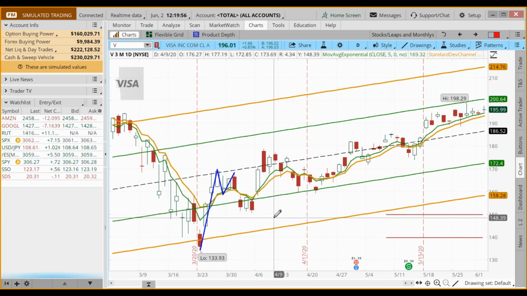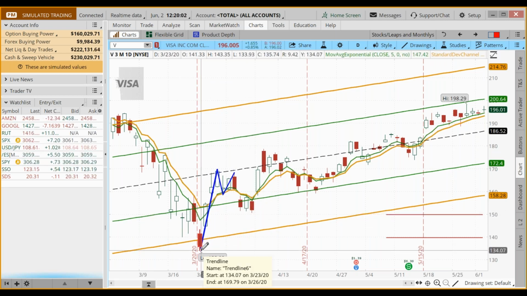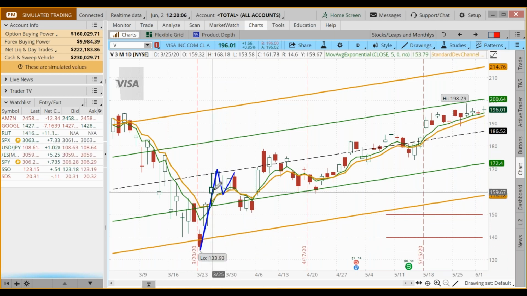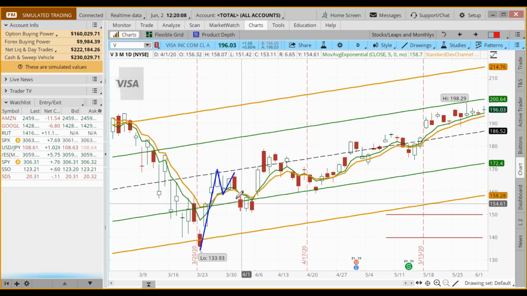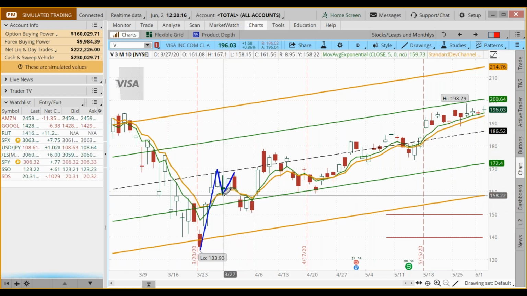However, it is still trading higher than the previous low. So the question is, is this a tradable move? And the answer is not really, because by the time you had a measured move, it was all the way down here.